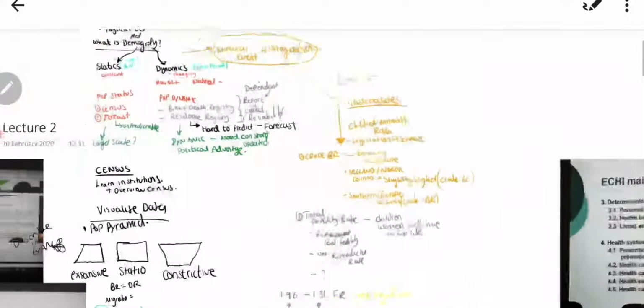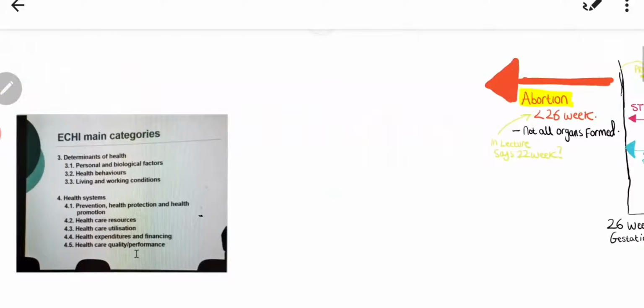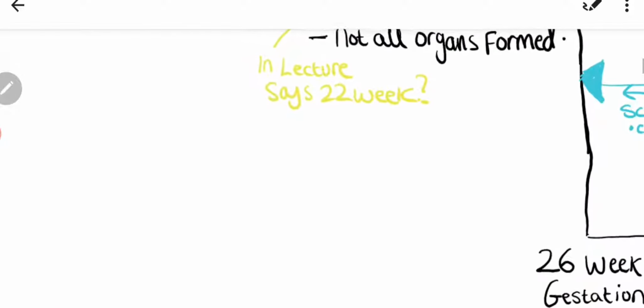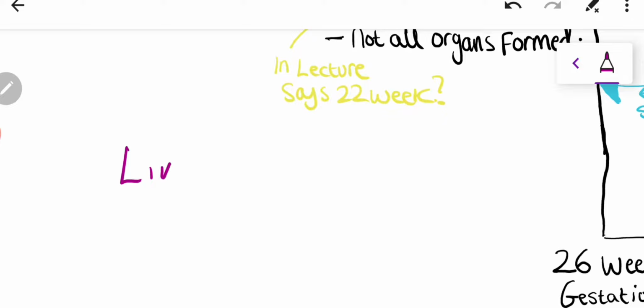Sorry, I forgot to put down in the other one live birth. So live birth is basically the completion of extracting a fetus, and the fetus will or should show signs of breathing and life, heartbeat.